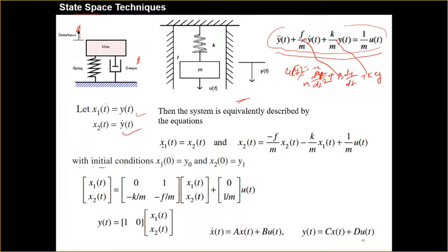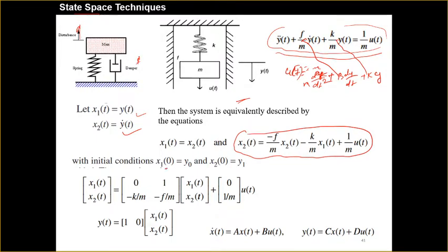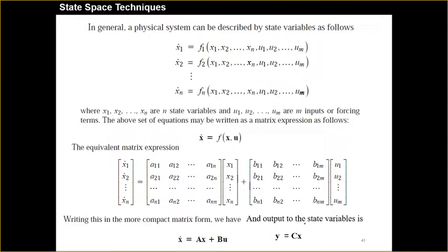Based on this, you can define the equation, and then the initial condition. Based on this equation, you can write the state space equation in the form of this. Is it okay? Am I right? Any problem? I think no. Okay. So this is the state space equation.